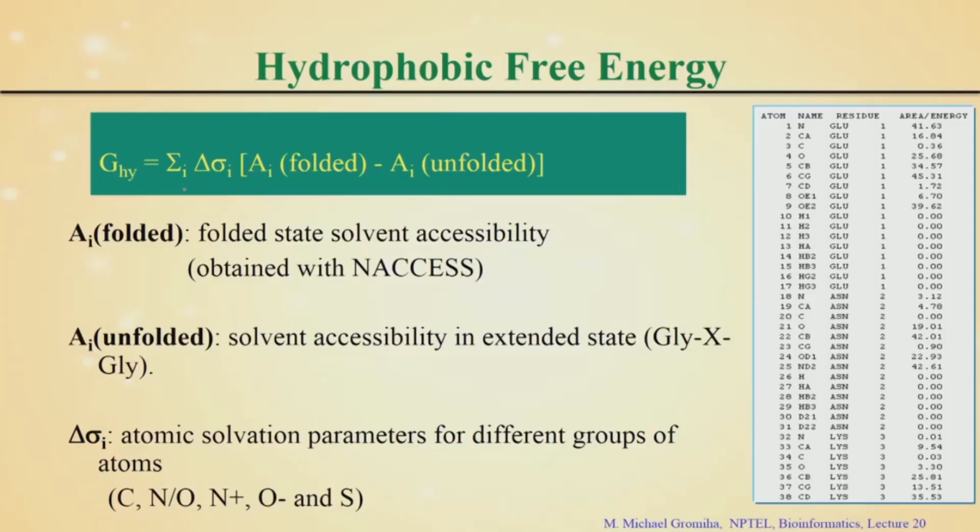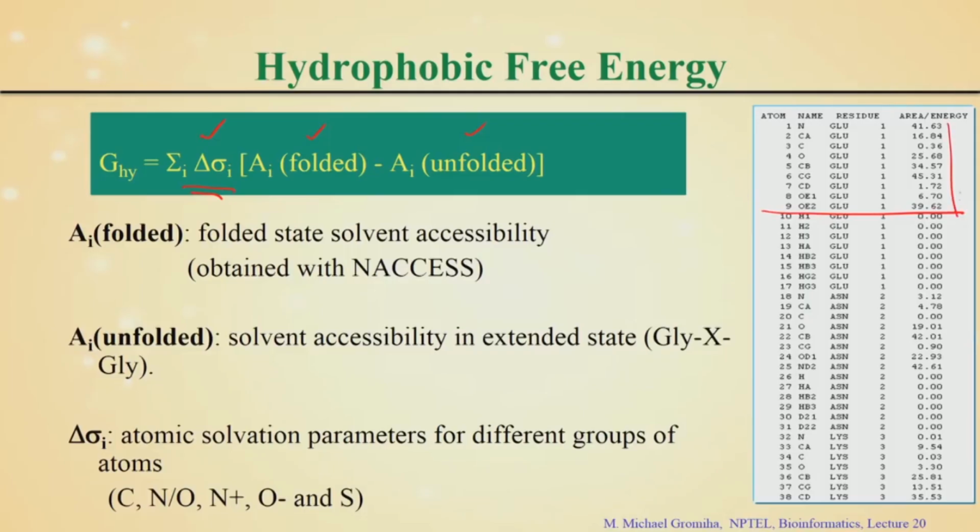When you get the delta sigma I, now we can easily calculate GHY, because we know the A I folded and we know the A I unfolded. Now I give data, for example, for a particular protein you run NXS and then you can get the folded set ASA. For example, take the glutamic acid, residue number 1.